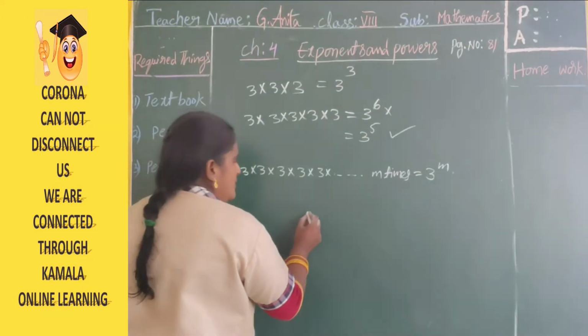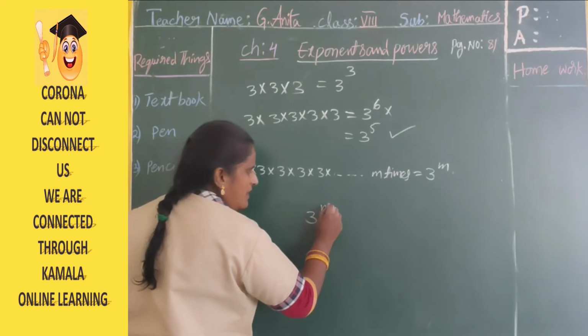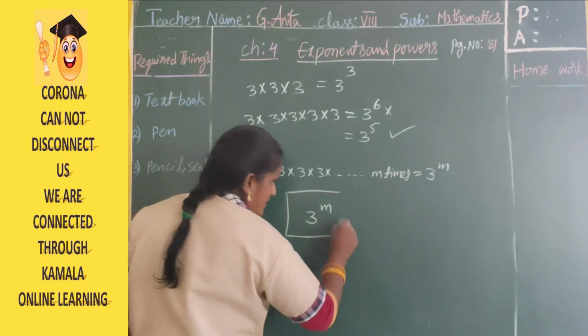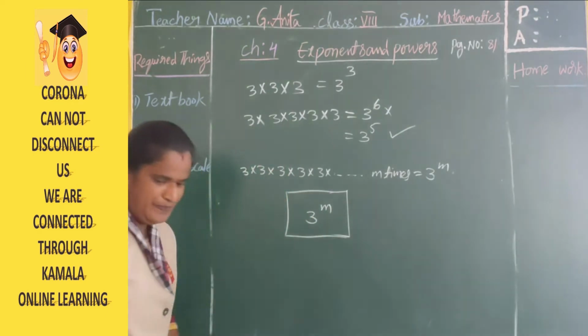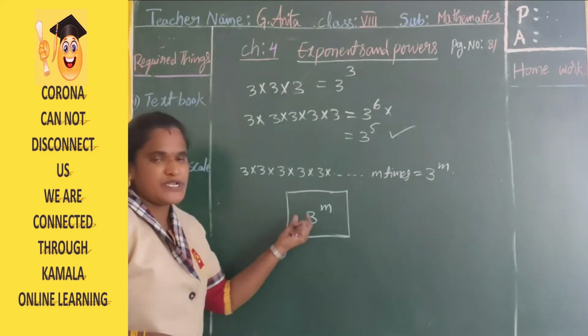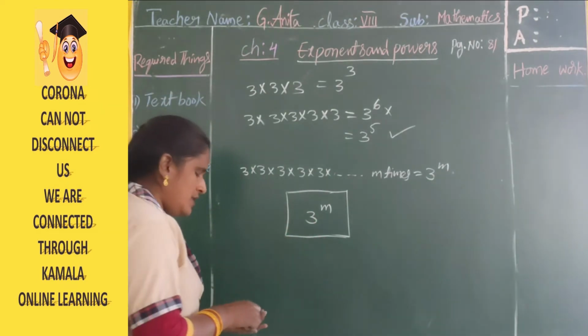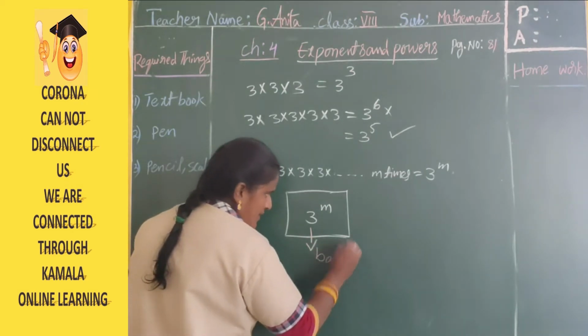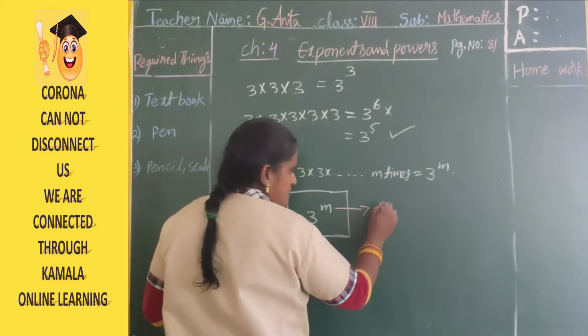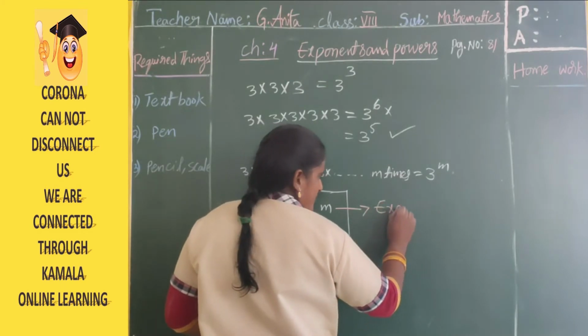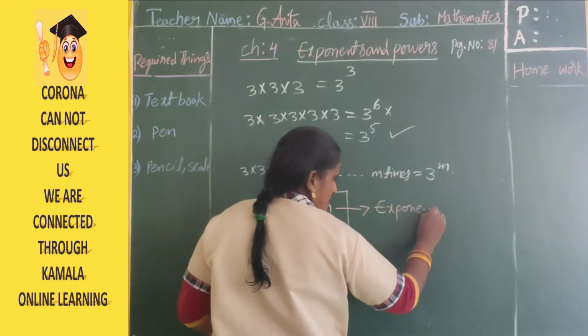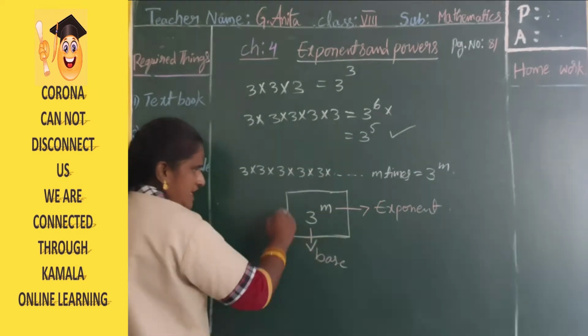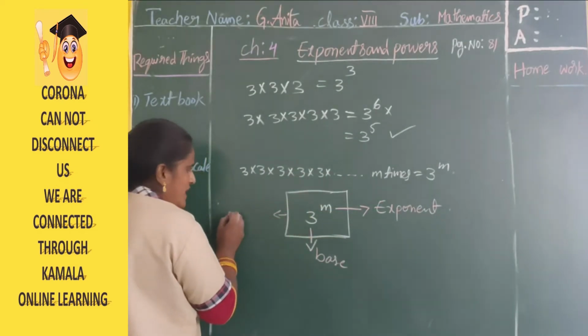Observe, in this 3 power m, what is the base, what is the exponent? Here 3 is the base, here m is the exponent, and this total is called the power, 3 power m.